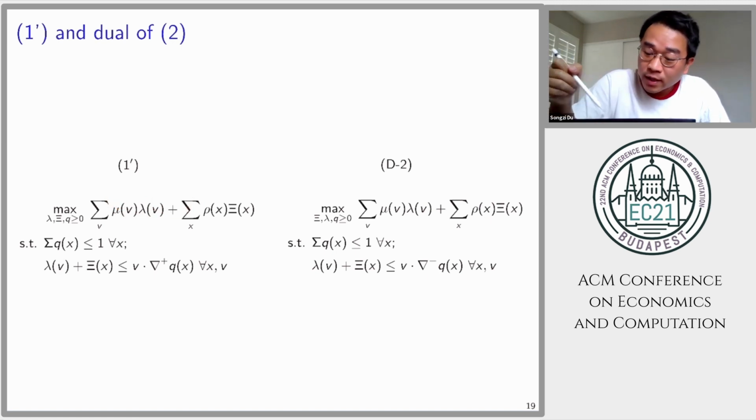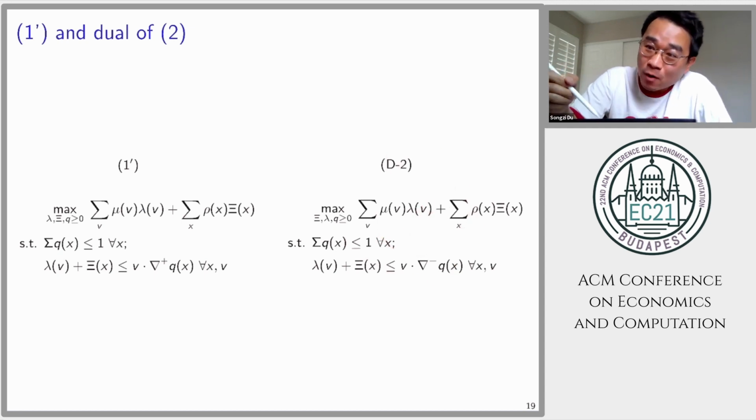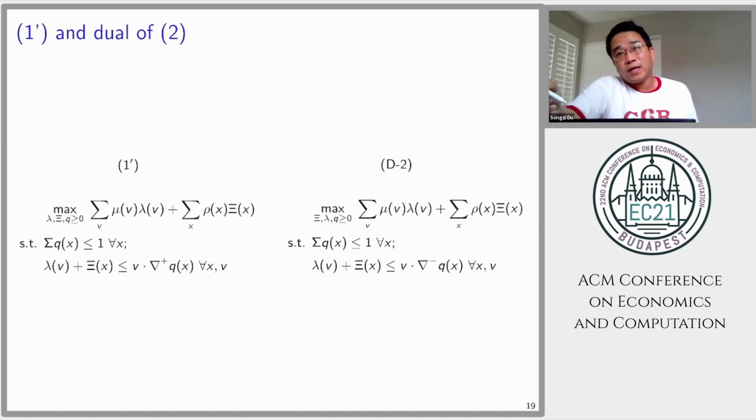And in fact this is exactly the right dual problem. So now we have seen that they are almost the same problem. The only difference is that we have a local downward incentive constraint for min to max, but a local upward incentive constraint for max to min.